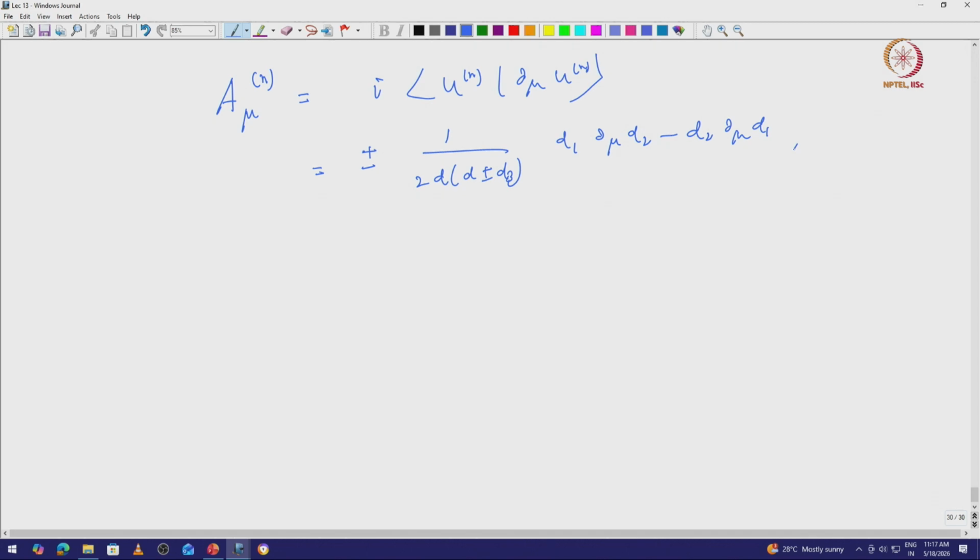Okay. And mu is equal to x and y. So, what we can also write it as 2d d plus minus d3 epsilon ab d dA mu dB, where ab is 1 2. No, yes, 1 2, not 3. Okay.